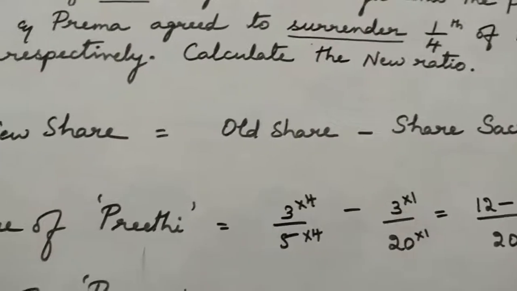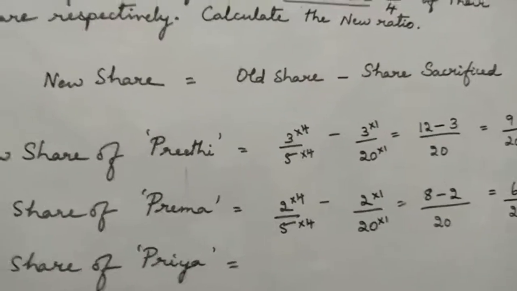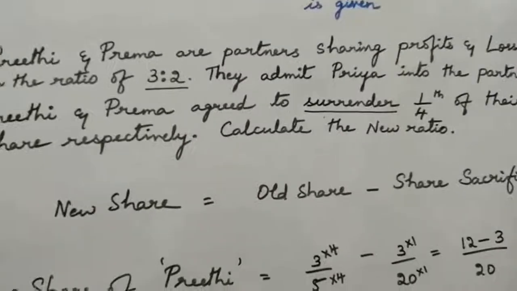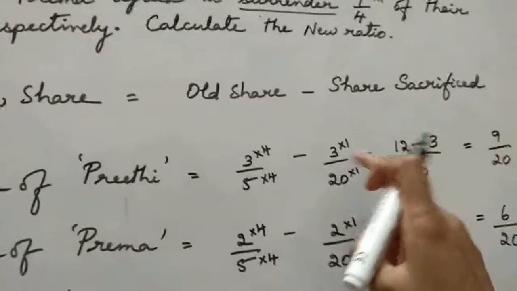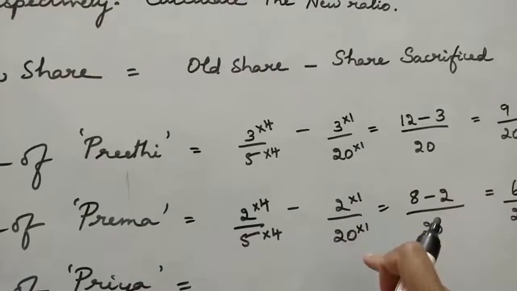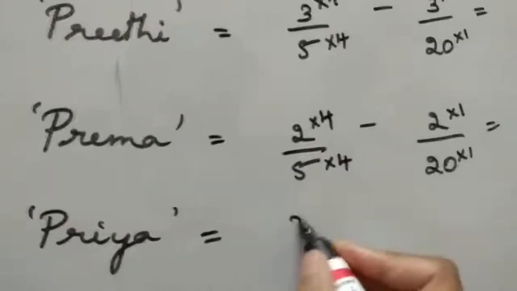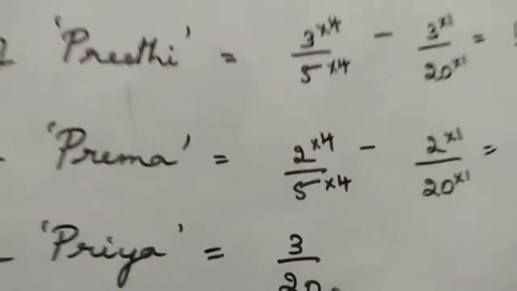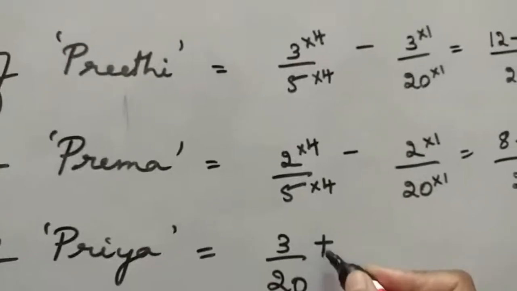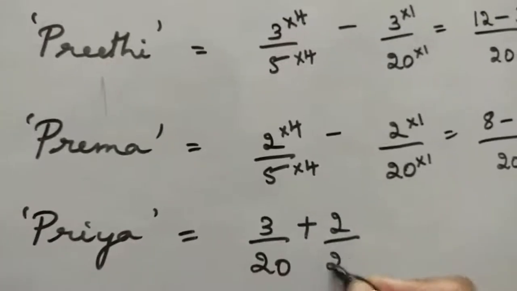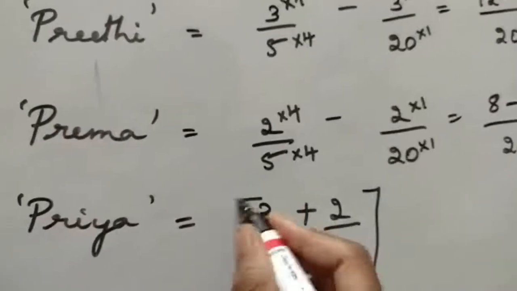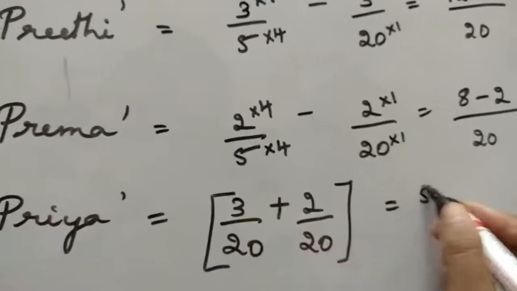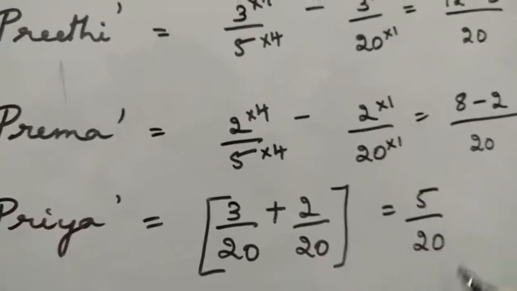So we are going to check how this is going to be considered. What is the share sacrificed by Preeti and Prema, which we got? The share sacrificed we got as 3 by 20 and 2 by 20. So Priya is getting 3 by 20 from Preeti plus 2 by 20 from Prema. These two we need to add. So what we get? 5 by 20.